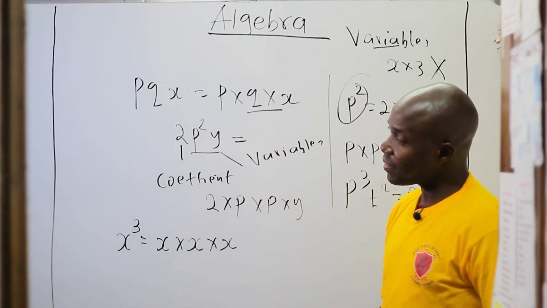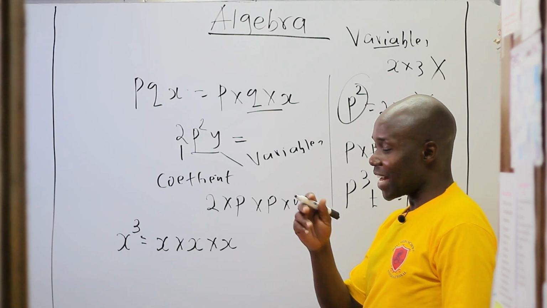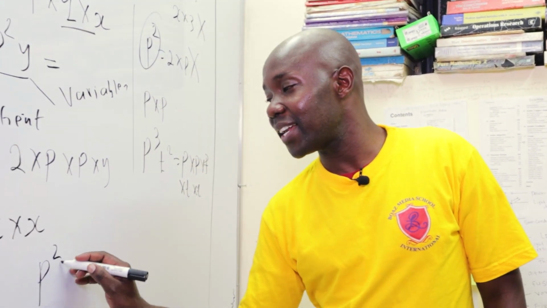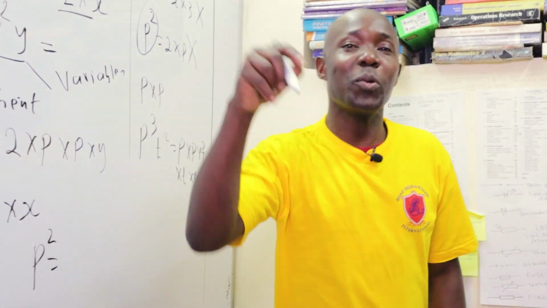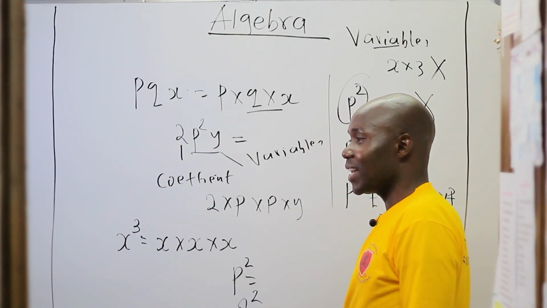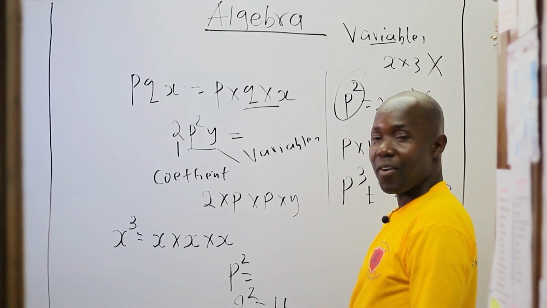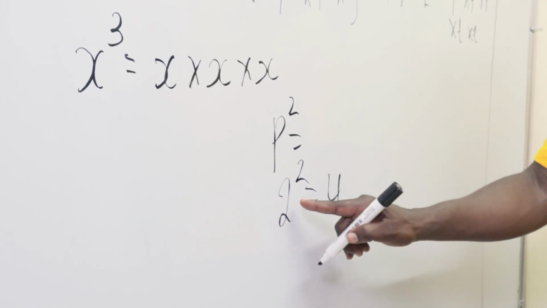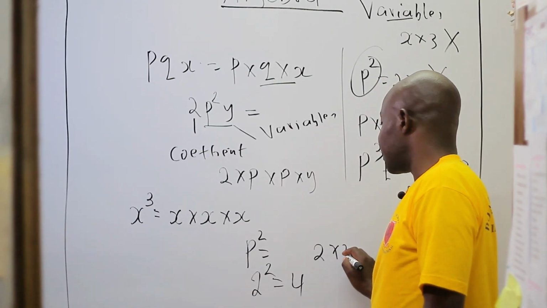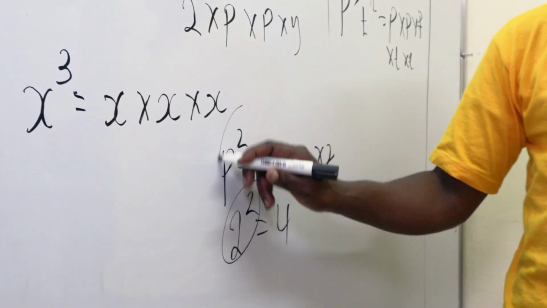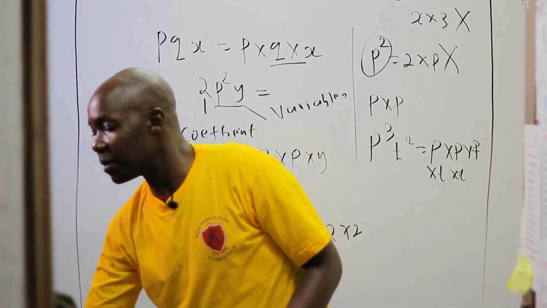Two weeks ago I asked one of my students in class what p squared is, and the student said 2 times p. Then I asked, what is 2 squared? The student said 4. I asked how they got 4, and they said 2 times 2. So when we deal with numbers and when we deal with letters, it means the same thing.